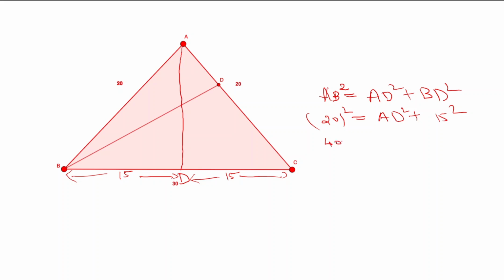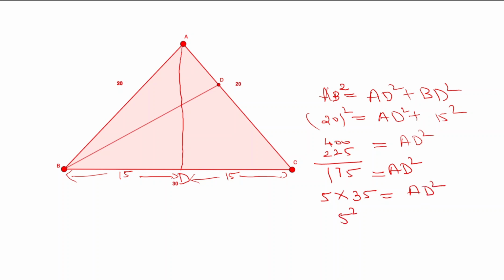So basically 400 minus 225, which is 175. AD square is equal to 175, and since this is a square, can I make it some multiple of this? 175 is 7 times 25. Can I write it like this?